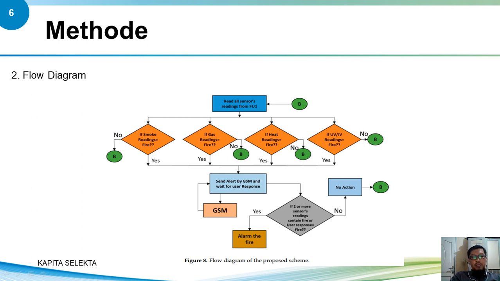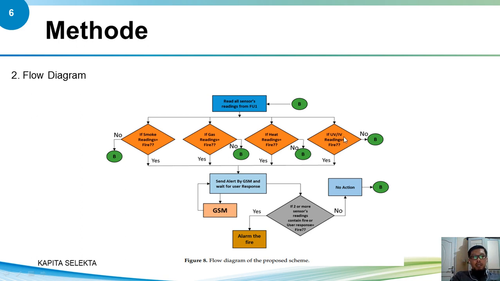For the flow diagram, we can see the first step: the system will read all sensors. If the sensors are okay, the system will detect one of the indicators: the smoke, the gas, the heat, or infrared UV.